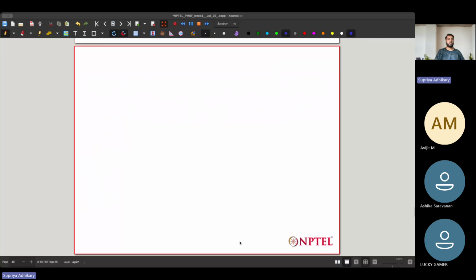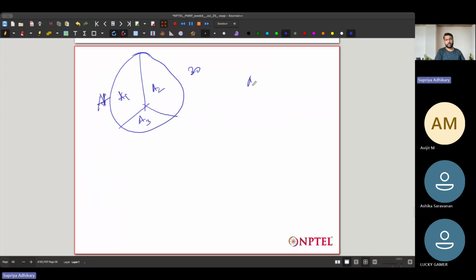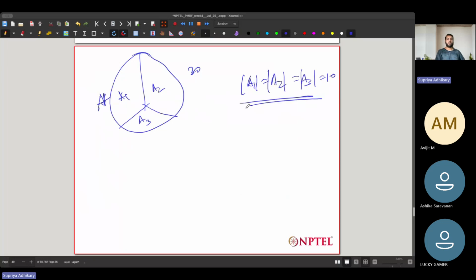So now the question is that we are given a set A with 30 elements, and this is divided into 3 equivalence classes A1, A2, and A3 such that their cardinalities are the same, and that is only possible if the cardinality of each of A1, A2, and A3 is 10.